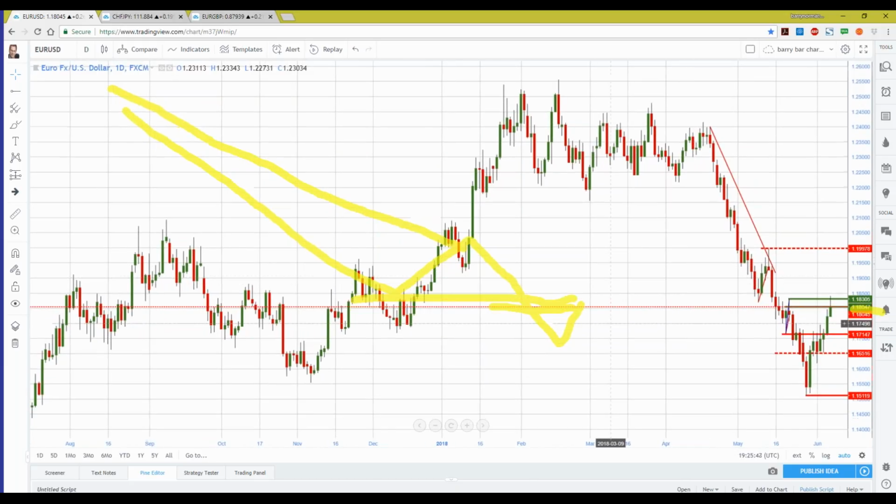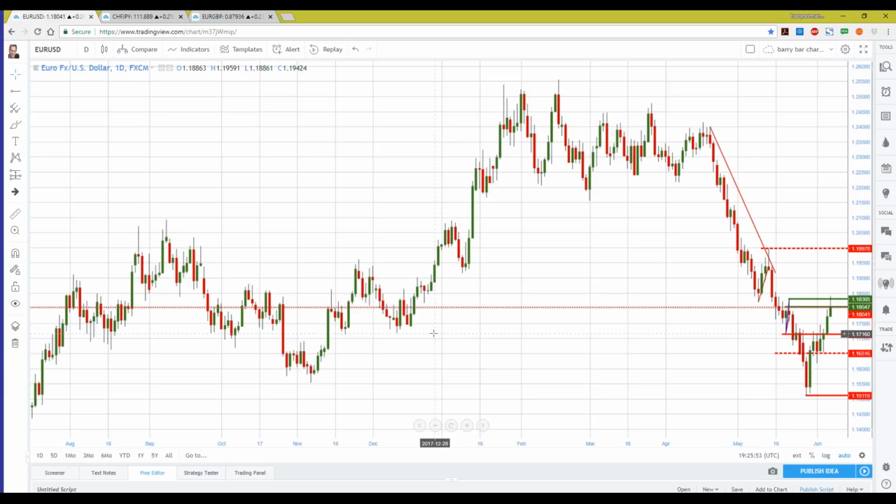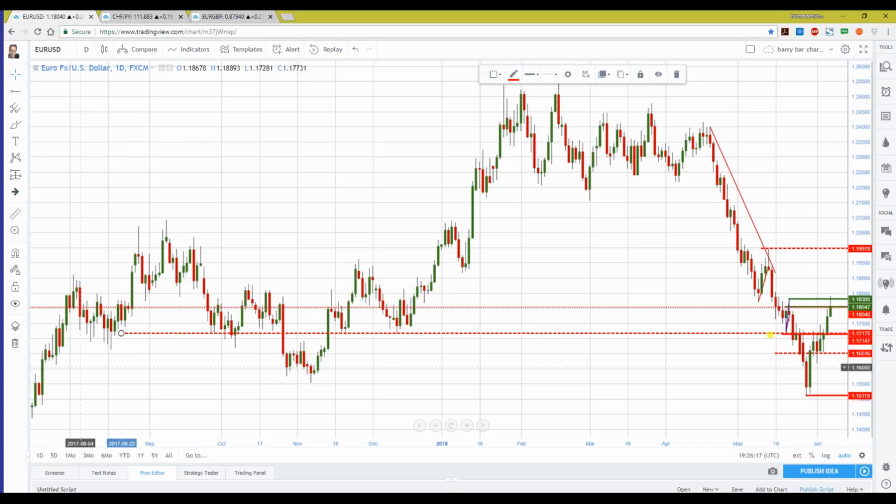But we can then go back farther in the past and try to determine what other levels are crucial. Look at this, when we go back farther, look how this 117, 147 that we drew up here was also very important all the way back here.